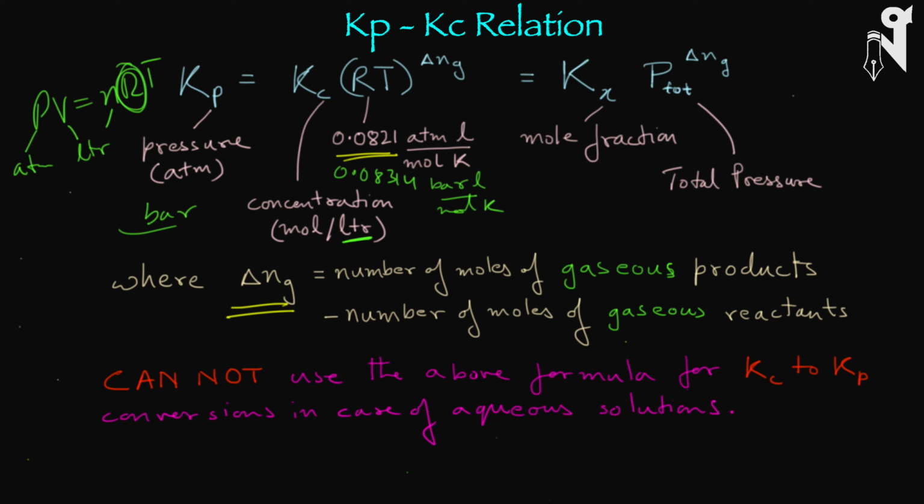Now, this conversion formula cannot be used if you have aqueous solutions, because then your Kc will have the concentrations, but Kp will not have the pressure. So in fact, you will not be reporting Kp when you have aqueous solution.